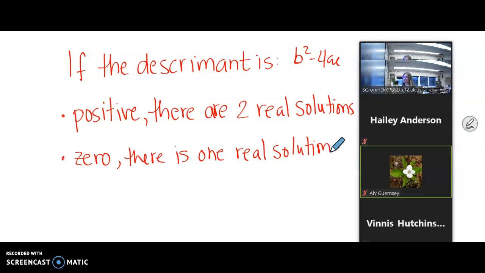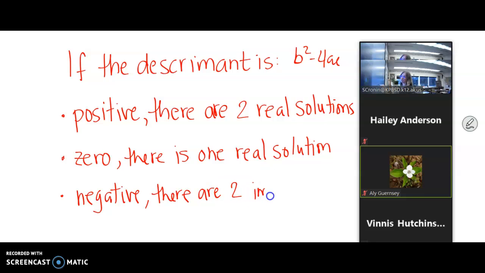And then what I just showed you in that last example is if it's negative, there are two imaginary solutions, and they're going to involve the letter i, the imaginary unit.